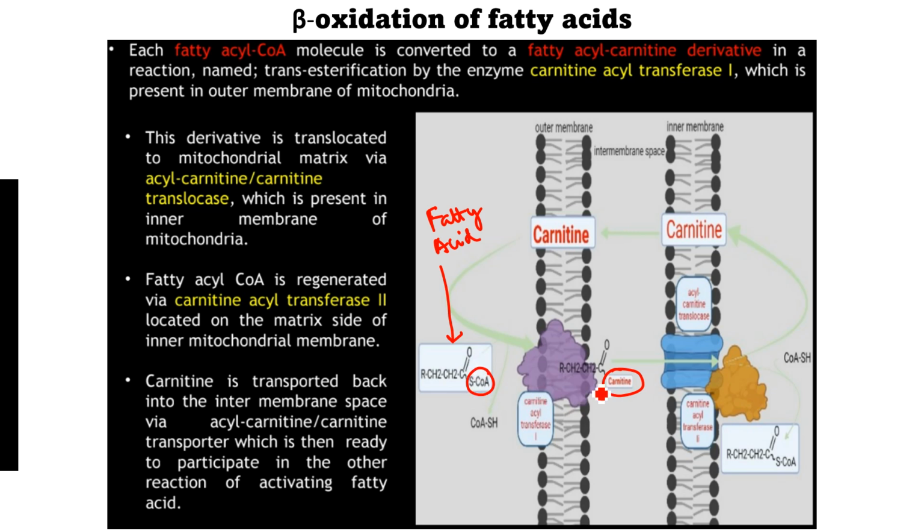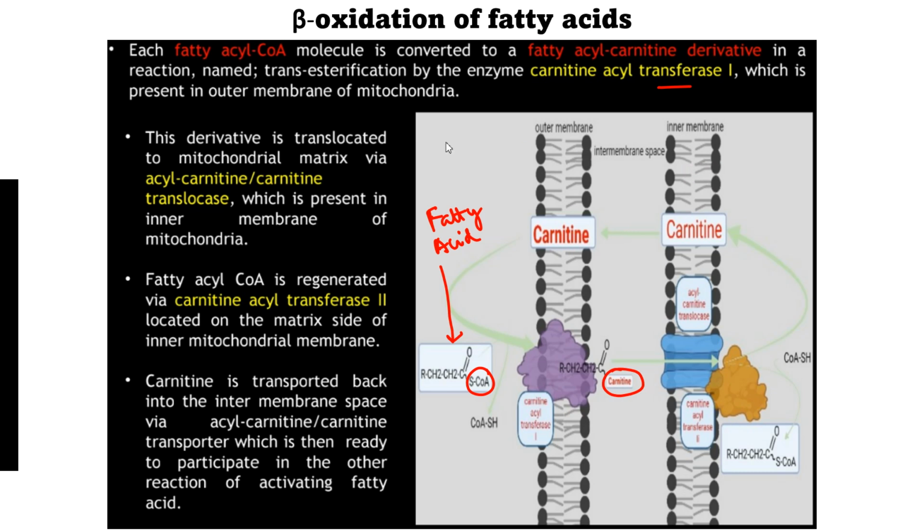to the CO group. Now, where is this carnitine acyl transferase present? It is present in the outer mitochondrial membrane. As we learned when we were talking about mitochondria, the inner membrane is impermeable to small molecules and various other molecules.